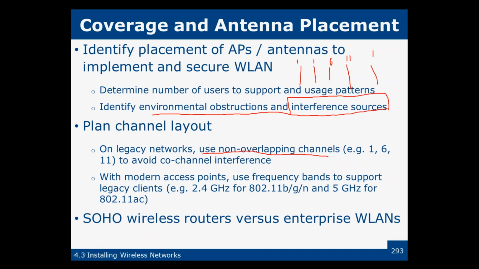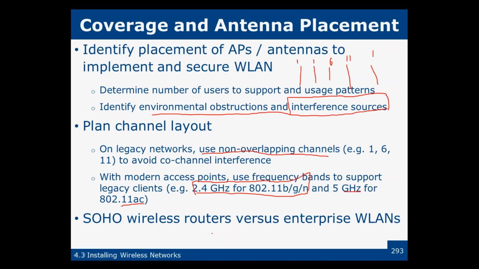Modern access points use frequency bands to support legacy clients. We have the 2.4 gig for the 802.11 B, G, and N, and then 5 gig for the 802.11 AC. The SOHO wireless routers versus the enterprise. The small office, home office are adequate for most of the things that we do.